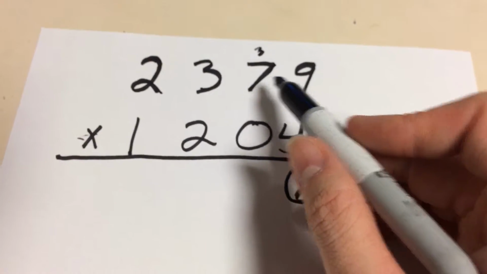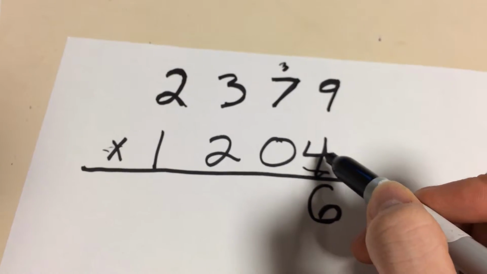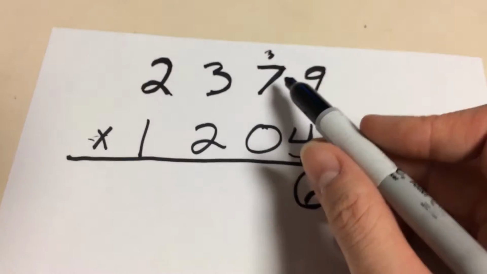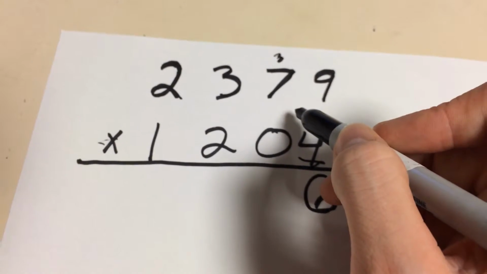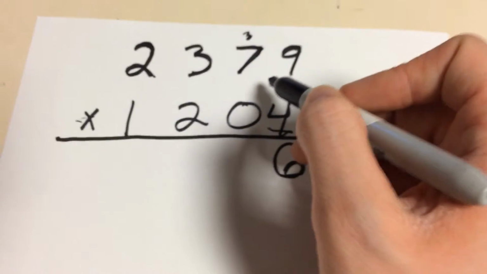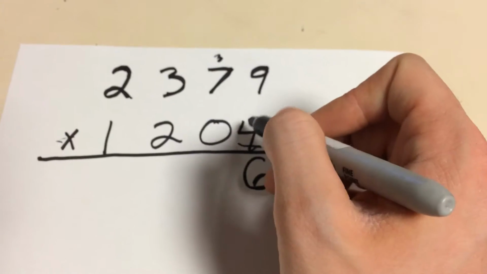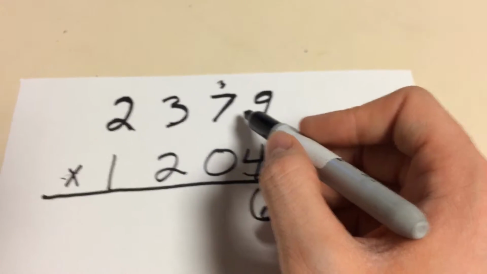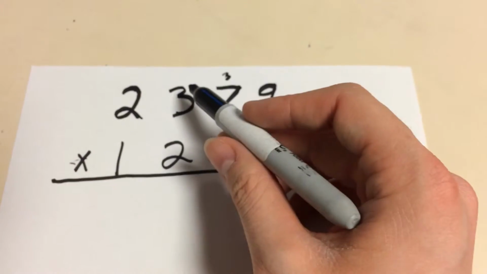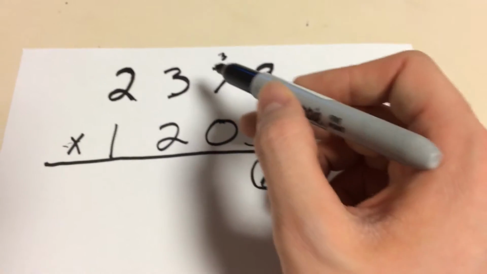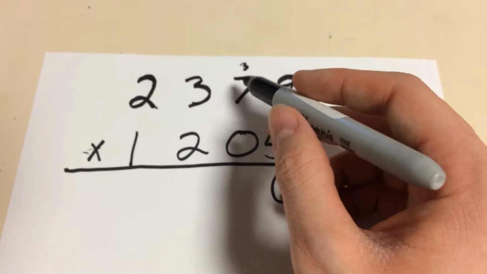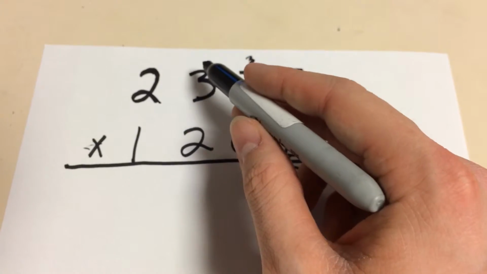Now we move on to the tens. You have 4 times 7, which is equal to 28. Once again, we have more than 10, so we're going to take those extra 20 rods and compress them into flats.